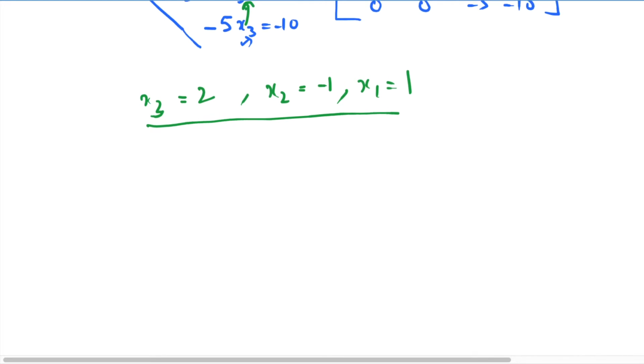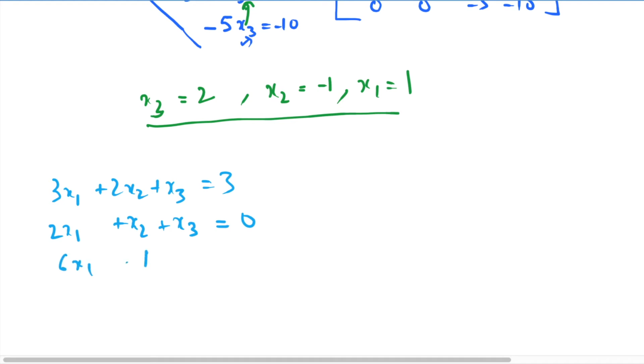Let's say we have the following linear system: 3x1 plus 2x2 plus x3 is equal to 3, and let's say 2x1 plus x2 plus x3 is equal to 0, and 6x1 plus 2x2 plus 4x3 is equal to 6.